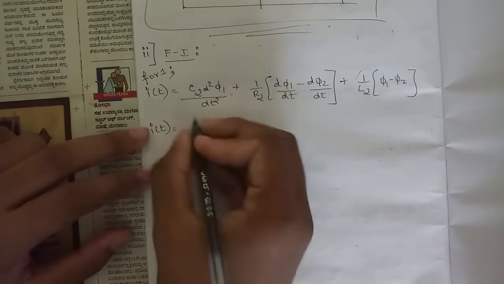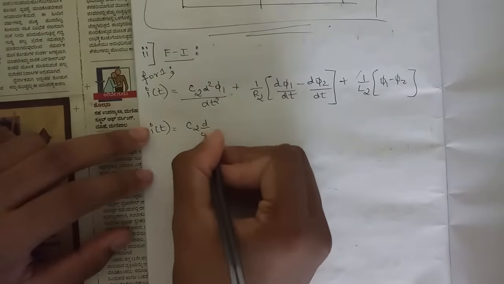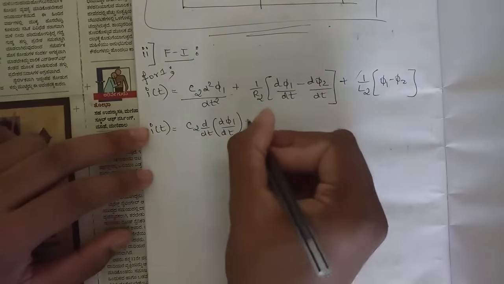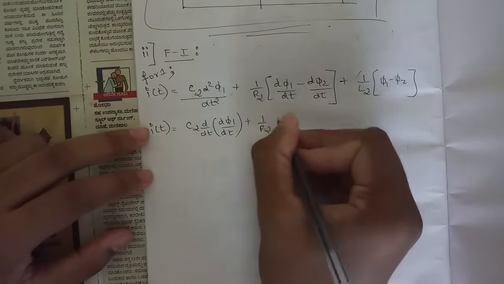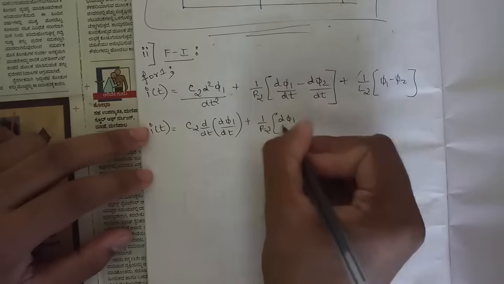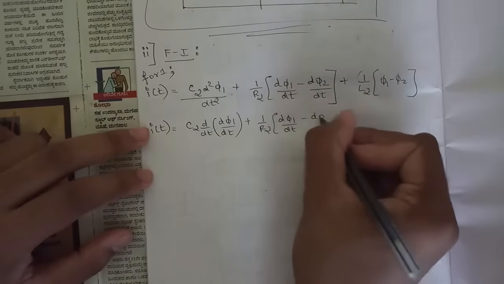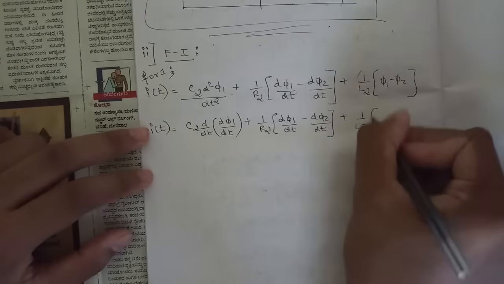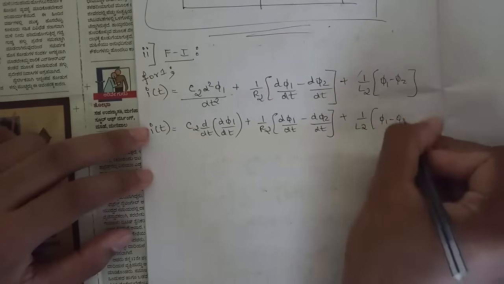So further solve it. C2 into d by dt of d phi 1 by dt plus 1 by R2 d phi 1 by dt minus d phi 2 by dt plus 1 by L2 phi 1 minus phi 2.